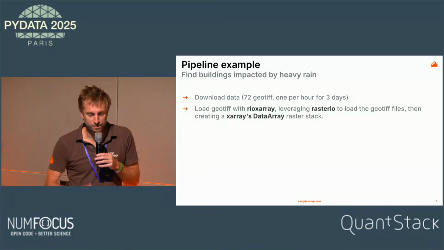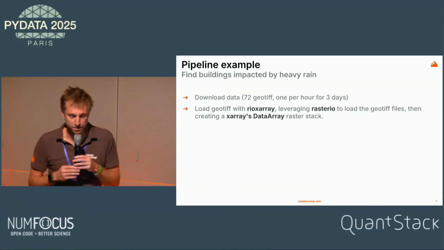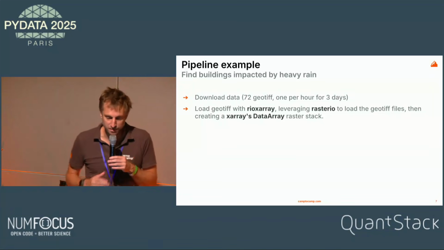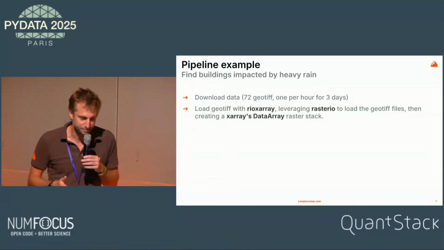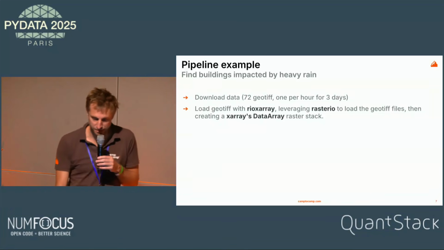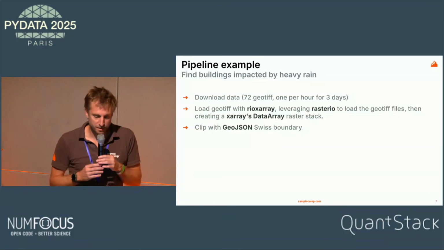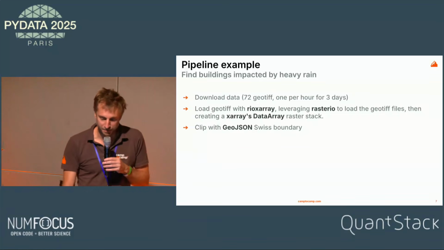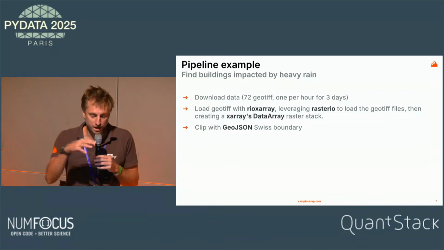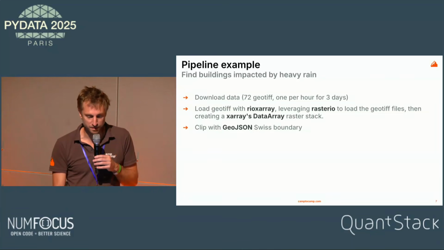Then we have to load all the files in a multidimensional array. We use Python libraries like Xarray, rasterio, and so on, to build a multidimensional cube. Then we needed to clip that on the Switzerland boundary, which is a GeoJSON file.